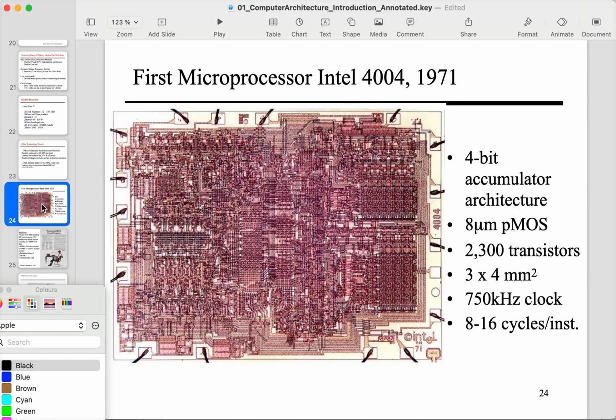This is the first microprocessor that was designed. It was called the Intel 4004, in 1971. It was a 4-bit computer with a 4-bit accumulator architecture, 2,300 transistors, a 750 kilohertz clock, and it ran 8 to 16 cycles.